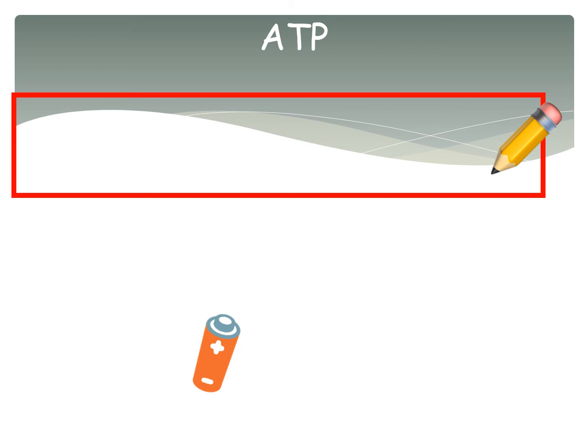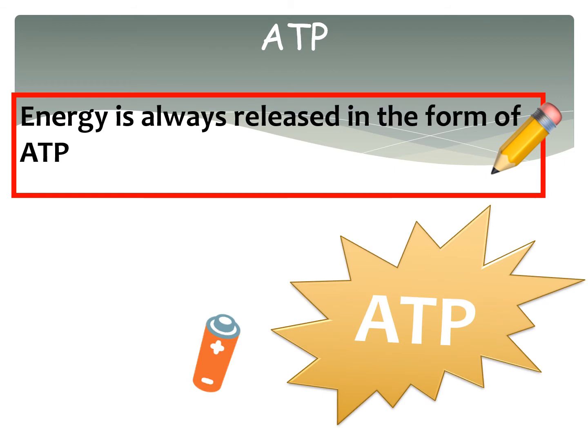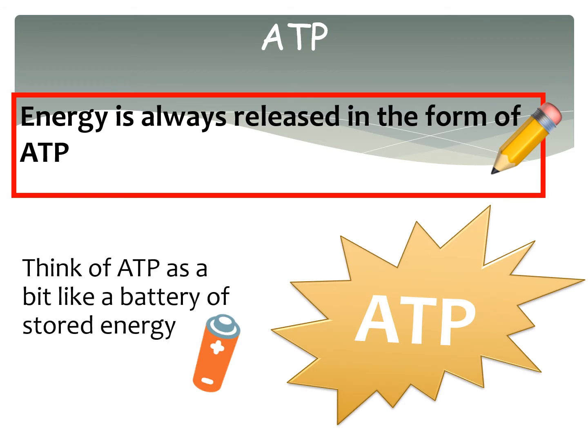So it actually stands for adenosine triphosphate. So energy is always released in the form of ATP, and think of ATP as a bit like a battery of stored energy. So this is the part that we are wanting to get to. So we're wanting to get our glucose to make ATP. So we want to get this ATP released from our glucose.